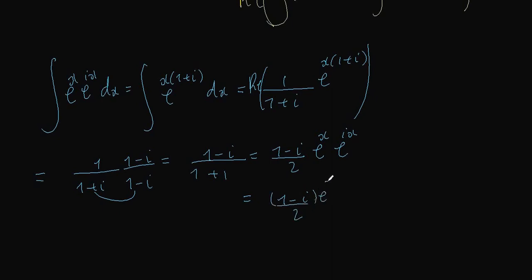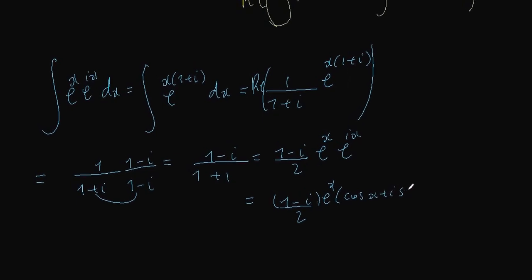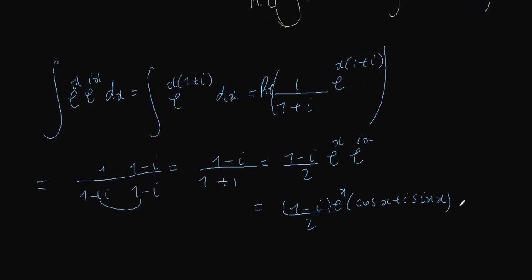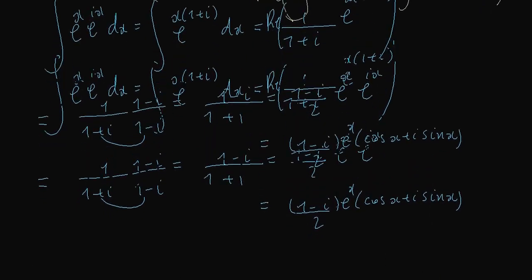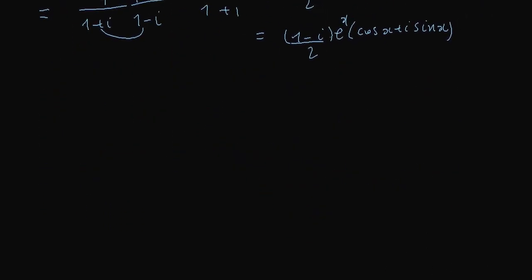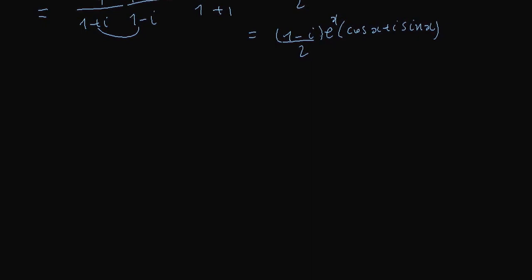So this is equal to (1 minus i) over 2 times e to the x times (cosine x plus i sine x). And now we look for the real part of this.